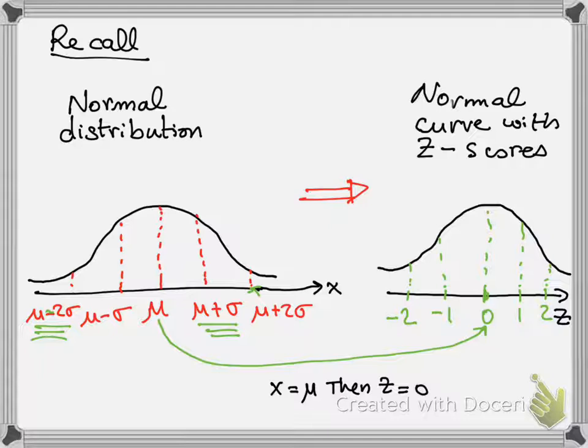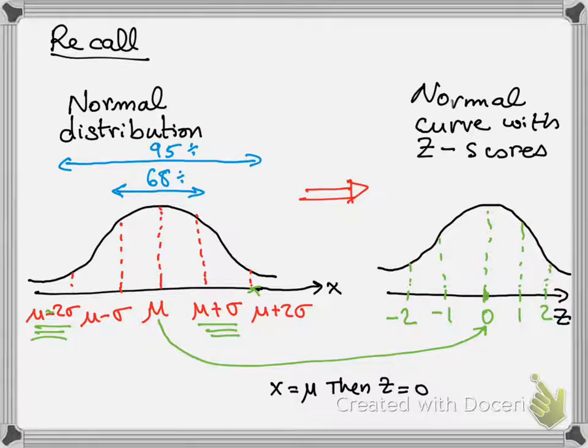Remember, from mu minus sigma to mu plus sigma, that would be 68%, and from mu minus 2 sigma to mu plus 2 sigma, we said that would be 95%.